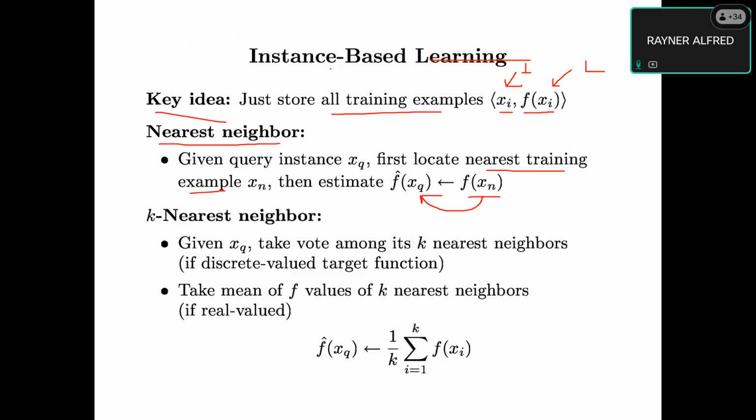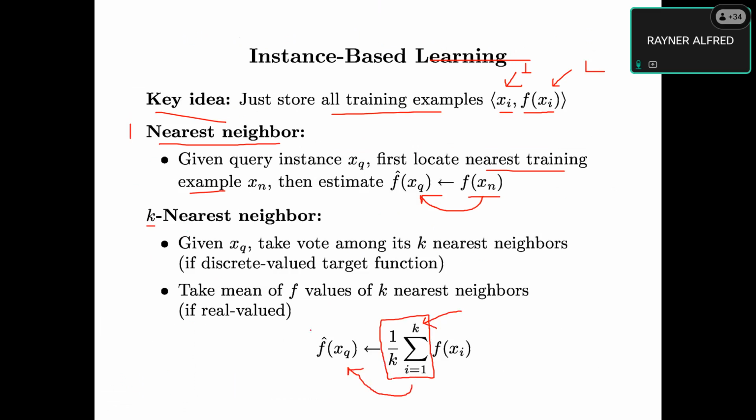This is only one neighbor. We could also have k. K nearest neighbor means we find k number of nearest neighbors from the training dataset. I accumulate all the labels that we have for the k neighbors, and then assign the average to the new instance.